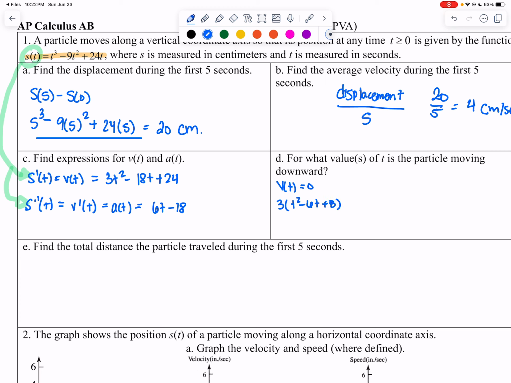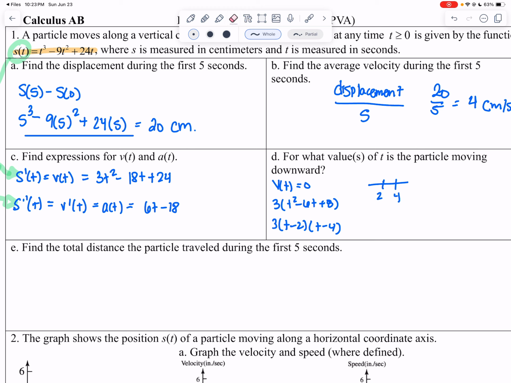So t squared minus 6t plus 8 gives me t minus 2 and t minus 4, for my critical points of 2 and 4. A critical point is basically whenever my derivative is 0. We'll talk more about critical points whenever we start talking about minimums and maximums in Unit 3.